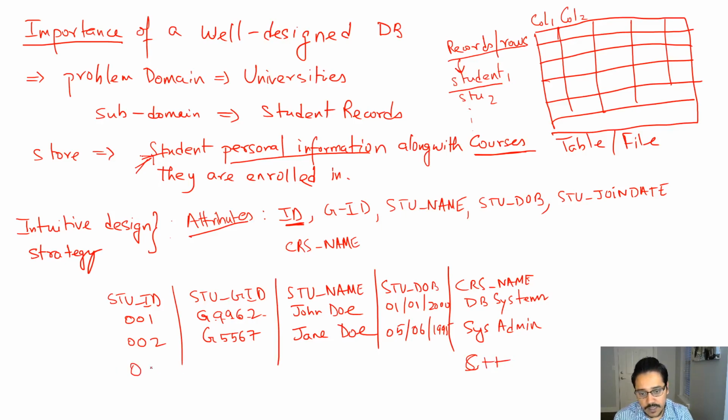So one option available to you is to repeat all the personal identifying information for Jane and then add C++ for the course name. But this is problematic, because as far as the physical format of the data and the design are concerned, now you have two rows or two records with similar identifying information.